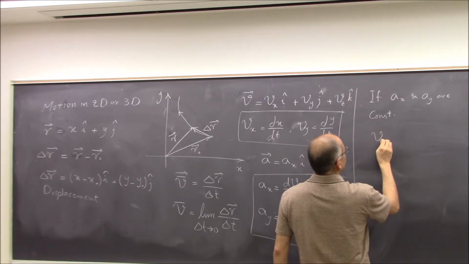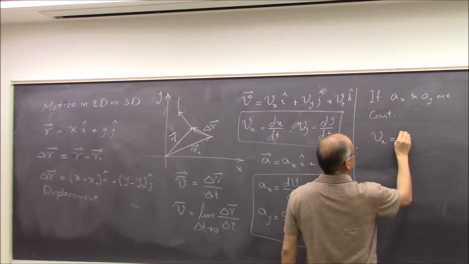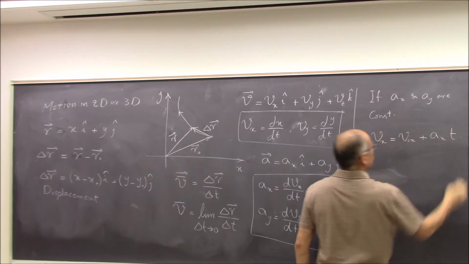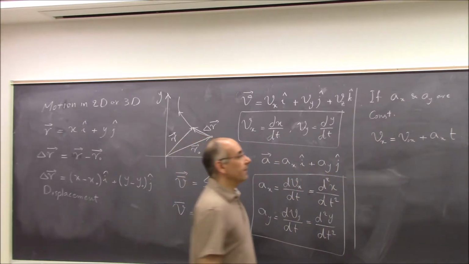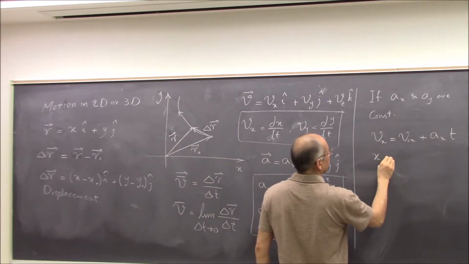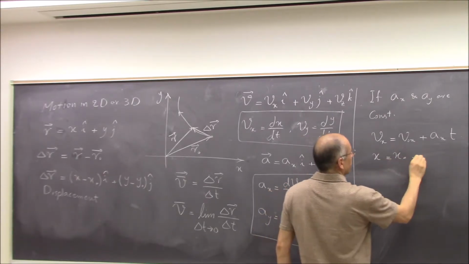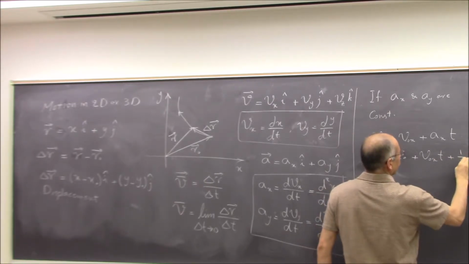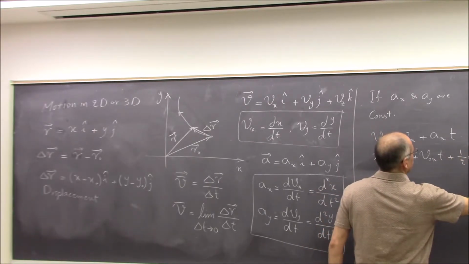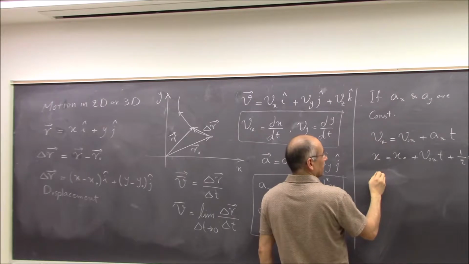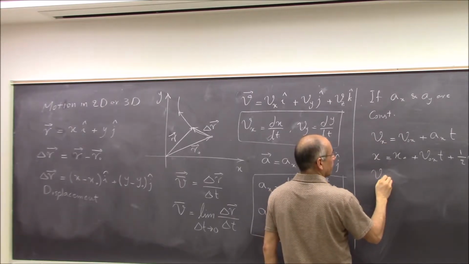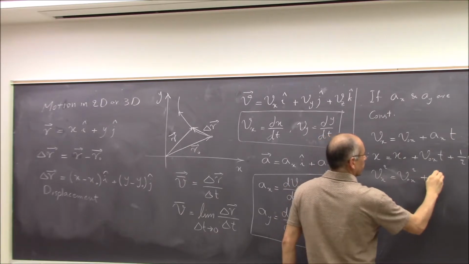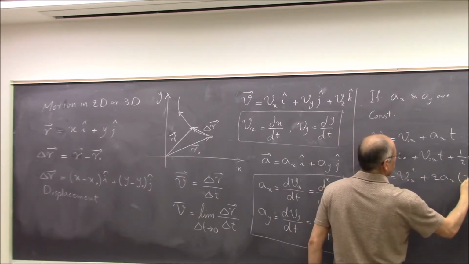So we have vx, for example, equal to v naught x plus ax times t. Remember this? And then x itself is equal to the initial value for x plus v naught x times t plus 1/2 ax t squared. And we have vx squared equal to v naught x squared plus 2ax times x minus x naught.